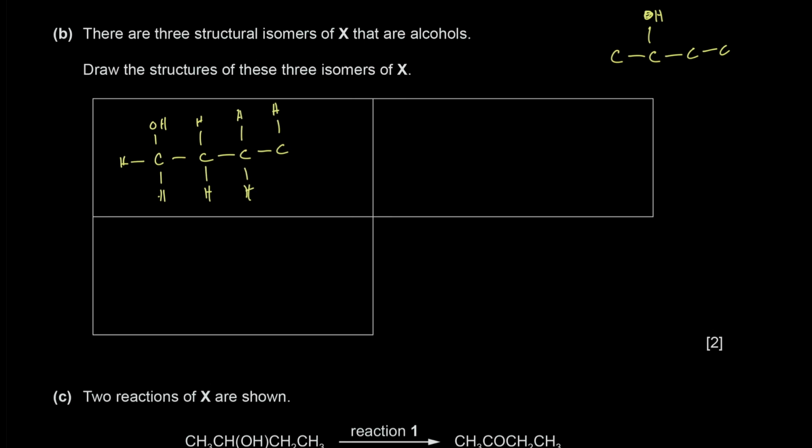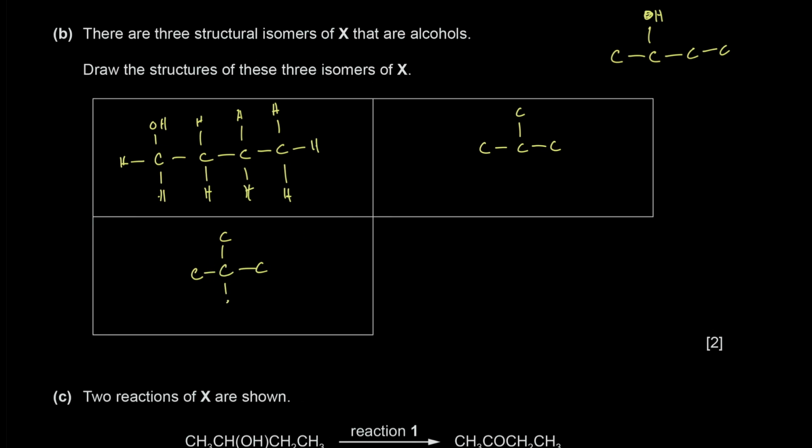Now that we've looked at the straight chain possibilities, let's look at the branching possibilities. If I had a branched chain like this, where this is the only branching that's possible, how many different places could the alcohol be in? It could be on carbon number 1 here, here, or here, or it could be on the middle carbon.